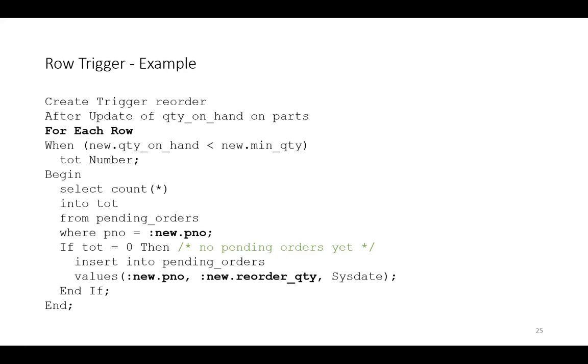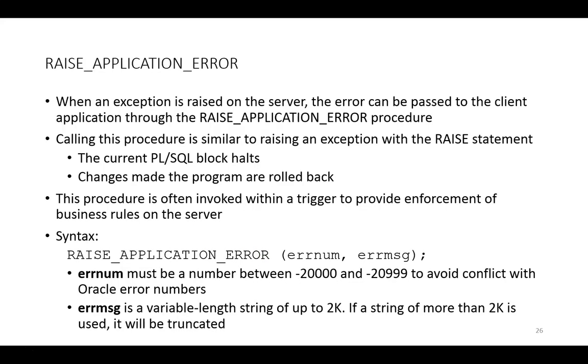We accomplish this using a special predefined routine or procedure called raise application error. So when an exception is raised on the server, the error can be passed back to the application by invoking this procedure. So calling this procedure is similar to the idea of raising an exception with the raise statement.